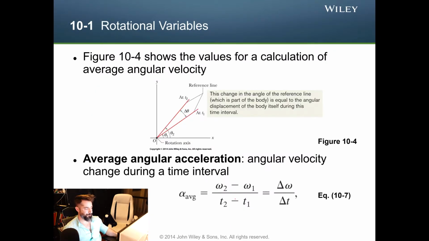So again, we have our reference line. You have your axis of rotation. You have basically the theta that it started at from the x-axis, and then you have the point that it changed to.